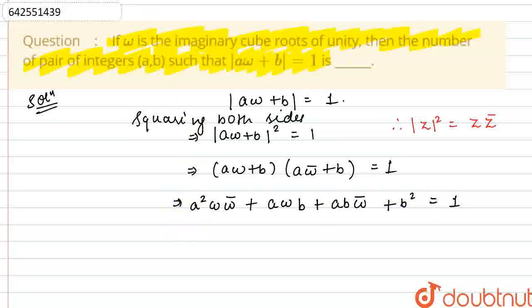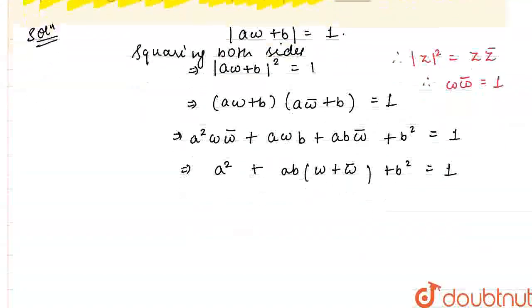Now again using one property, we know that omega into omega bar is equal to 1. So here we'll get a square plus, taking ab common, omega plus omega bar, plus b square is equal to 1.